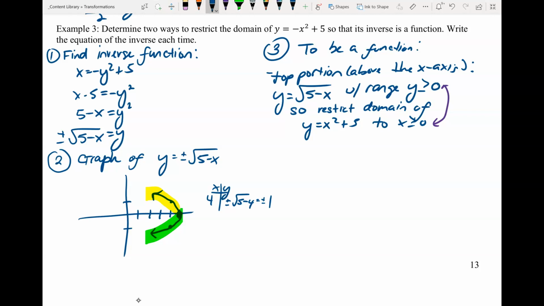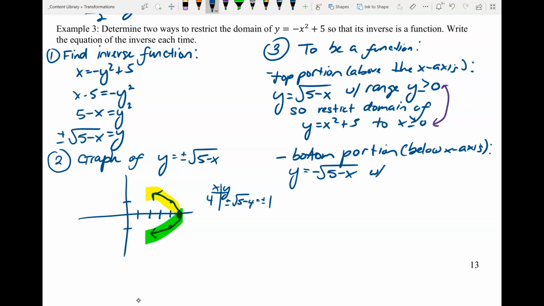Okay, so that was one part. And our next part is the bottom portion, which is below the x-axis. And that equation is negative root of 5 minus x. And this range is going to be y smaller than or equal to 0.